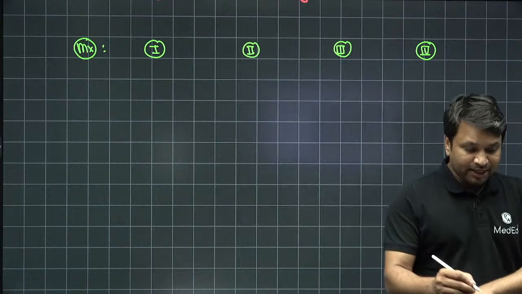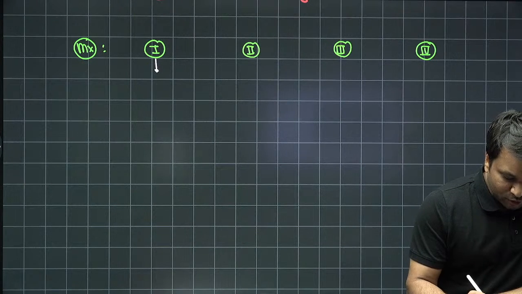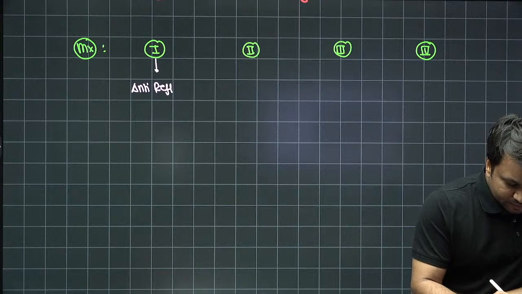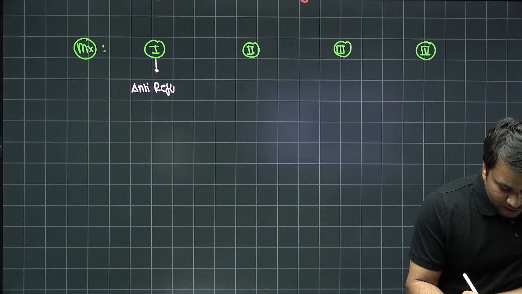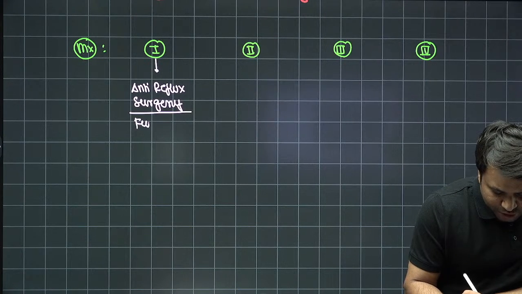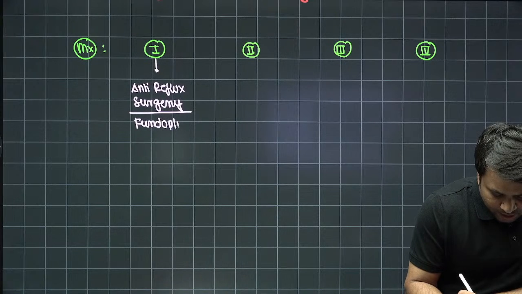So here in type 1 variety, you have to provide anti-reflux surgery, and this anti-reflux surgery is basically fundoplication. You have to do a fundoplication.